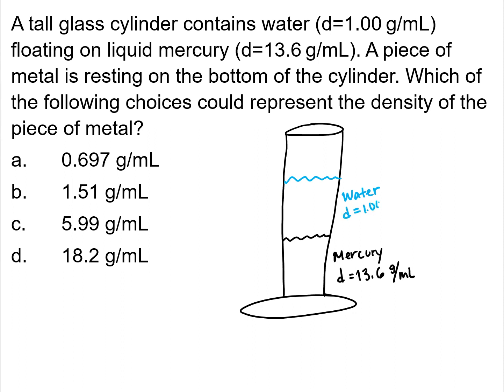Its density is 1 gram per milliliter. Also in this cylinder is a little metal piece. That's my metal. The water is less dense than the mercury, and it is sitting on top of the mercury.